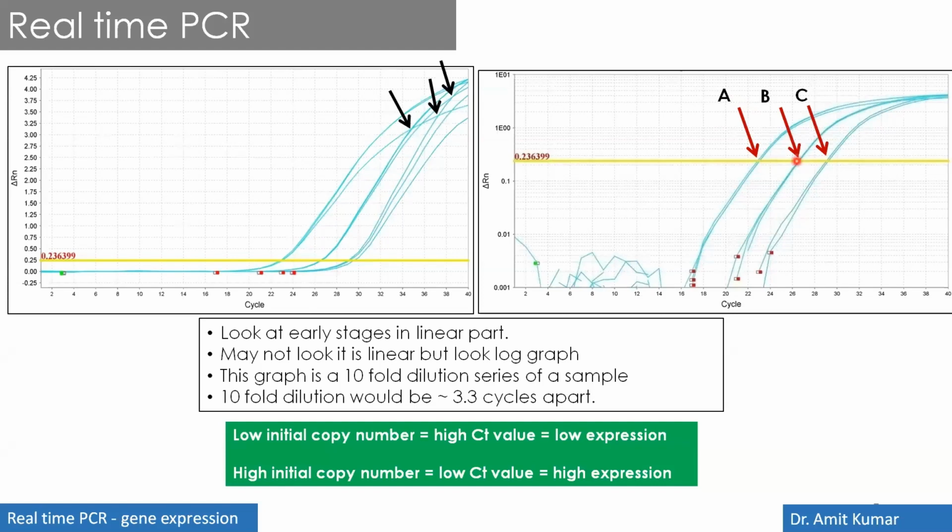The difference you would observe in real-time PCR is 3.3 cycles apart, and that helps us calculate the standard curve, which we will be seeing soon, right?